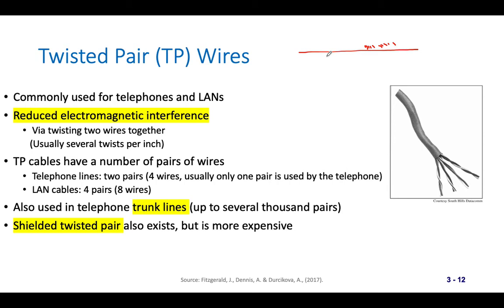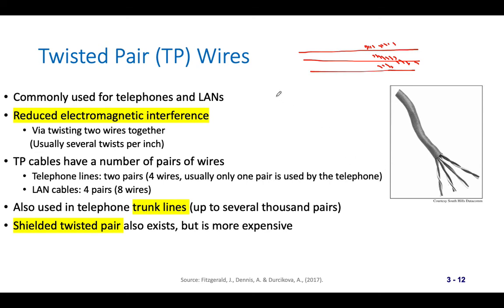If I put one cable like that and another cable like that, it will increase the electromagnetic wave. If I put another cable like that, it increases as well. They add to each other. To avoid that, we twist the pair of cables.